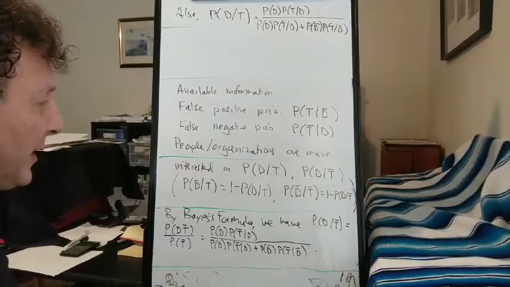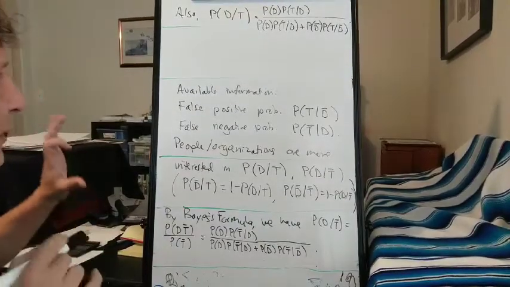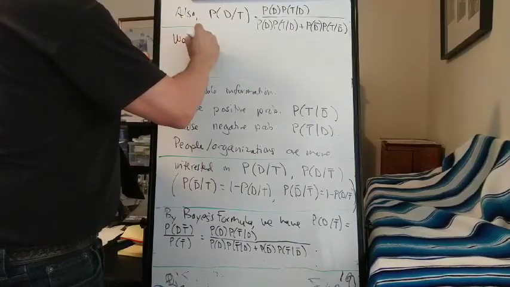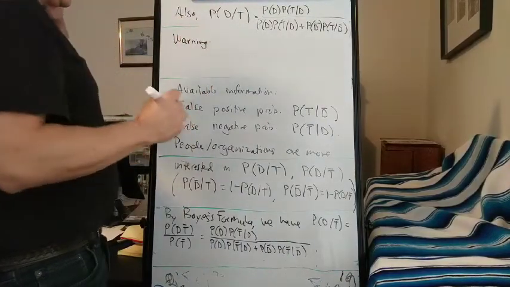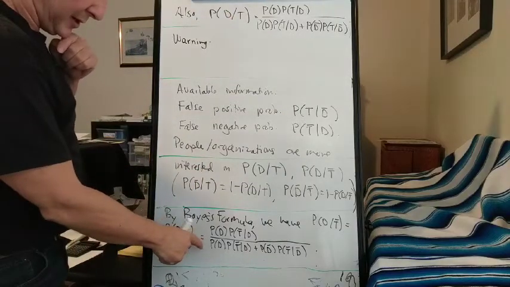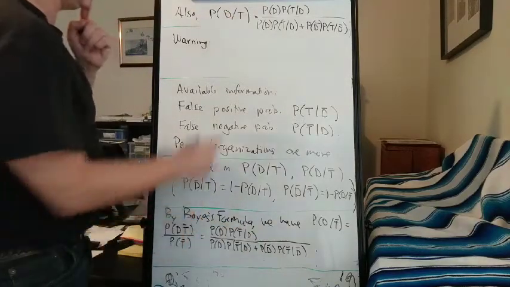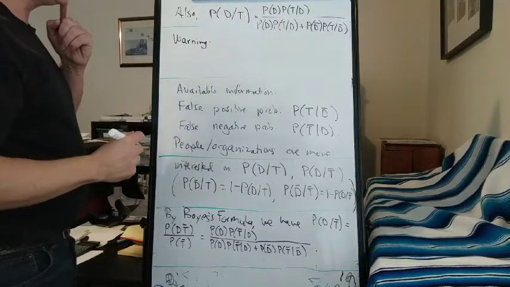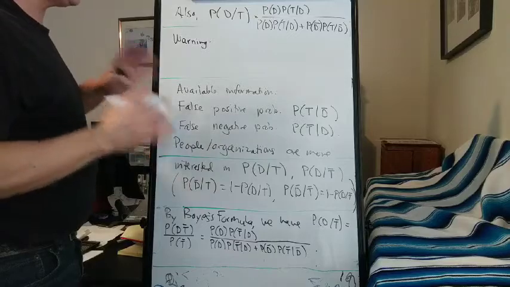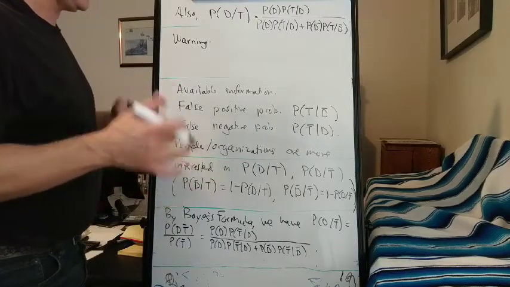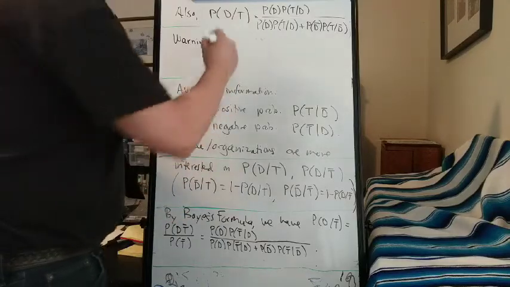Alright, now before we do any computations, I want to give you a little bit of a warning. Both of these formulas involve P of D and P of not D. So they both are very sensitive to the probability that somebody has the disease, our opinion about that before the test is given.